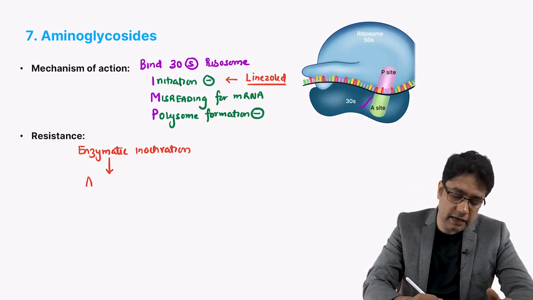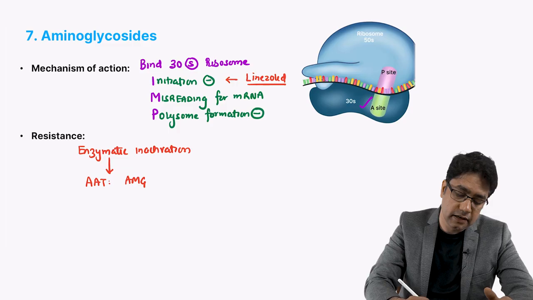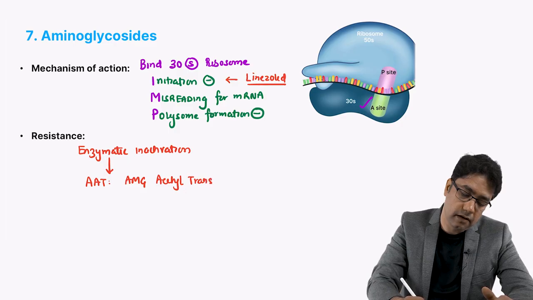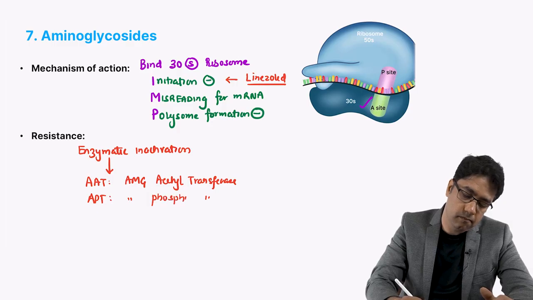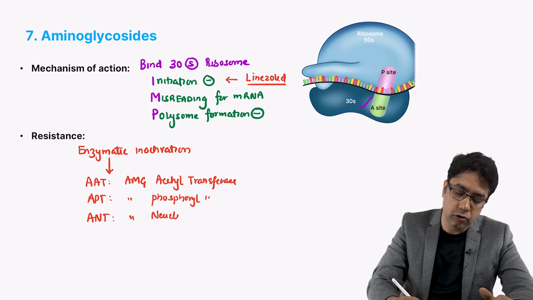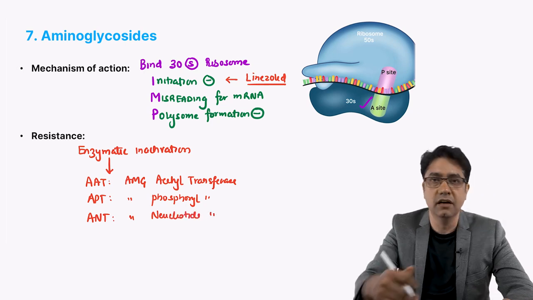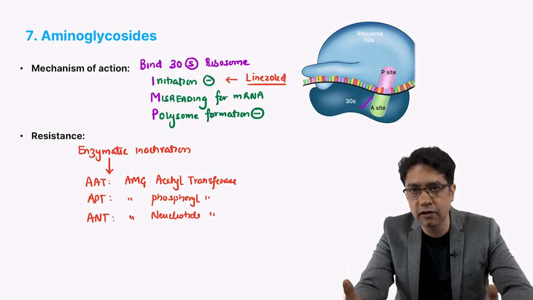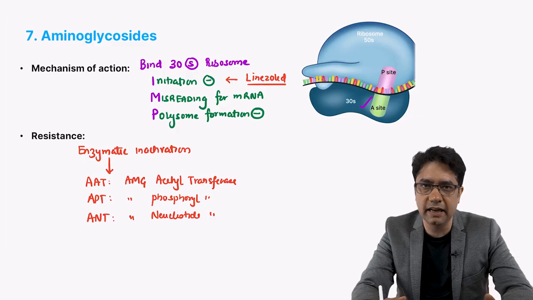Those three enzymes are AAT, aminoglycoside acetyltransferase enzyme, APT, aminoglycoside phosphoryltransferase enzyme, and ANT, aminoglycoside nucleotide transferase enzyme. So sometimes nucleotides like adenosine will attach to them and they will become inactive.